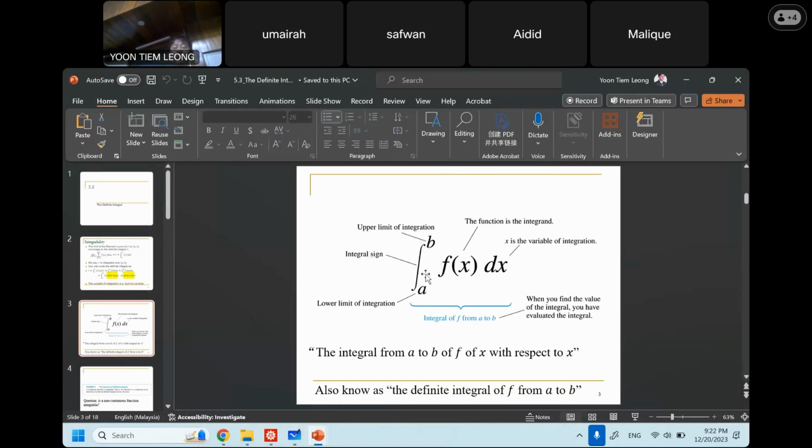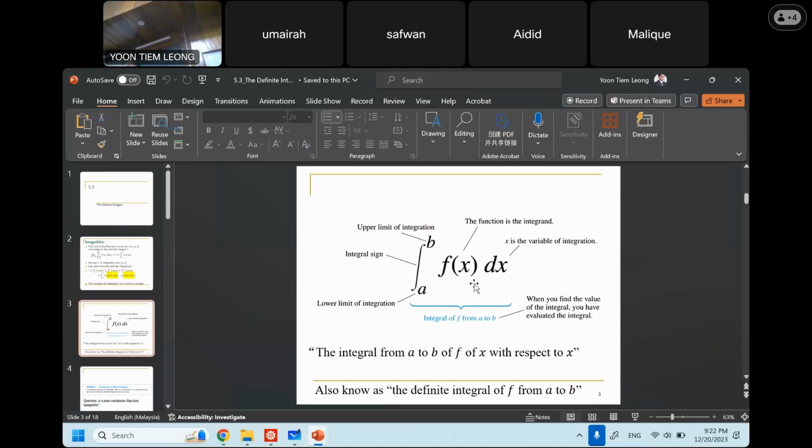Sometimes we also call this an integral of the function f from a to b. Sometimes we just call this the definite integral like this. So in this case, integral or definite integral refers to the same thing. So up to this point, I just want to introduce to you the symbols of this definite integration.